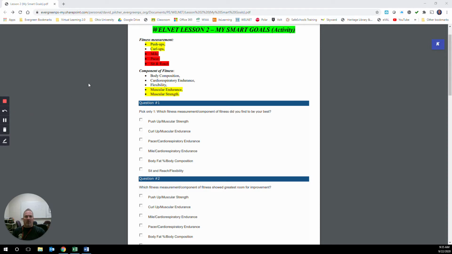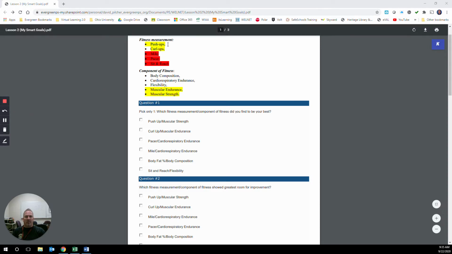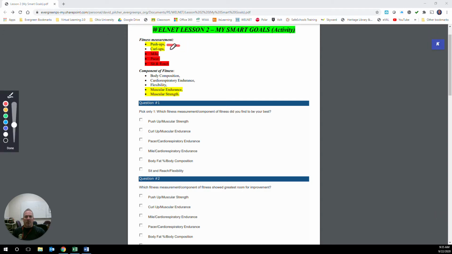The focus of this lesson will be specifically on fitness measurements such as push-ups and curl-ups. We are not going to do or focus on the mile, the pacer, or sit and reach.